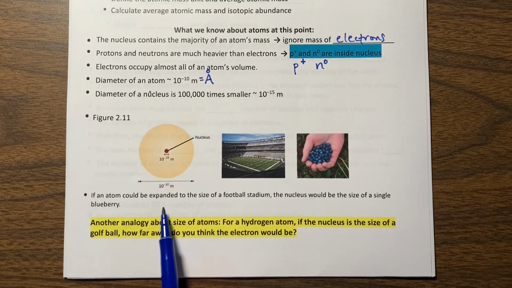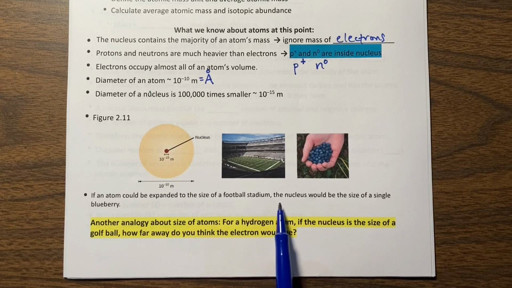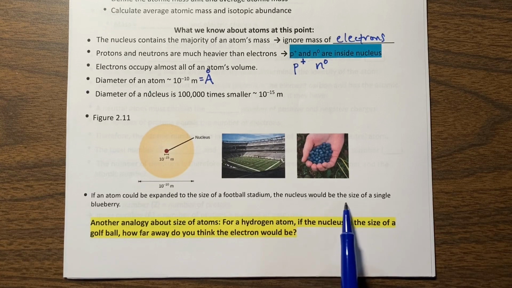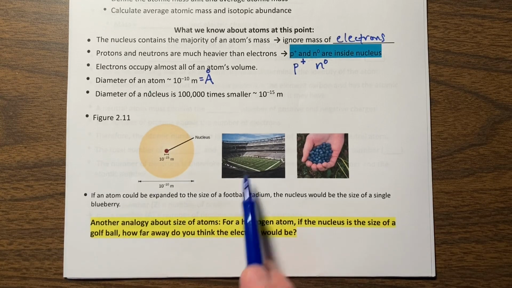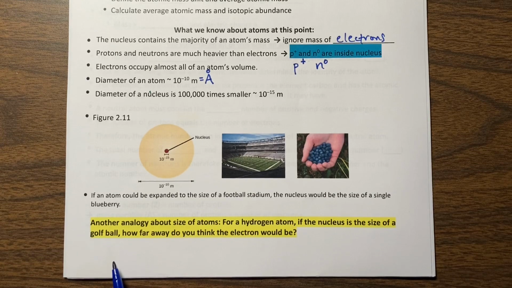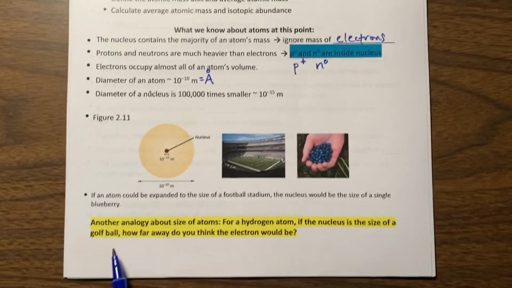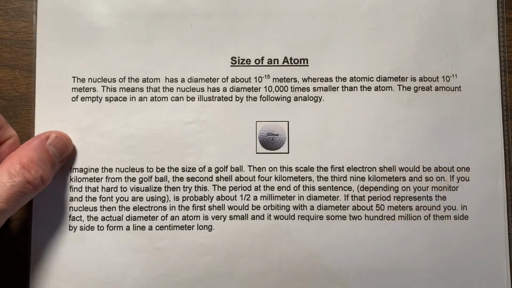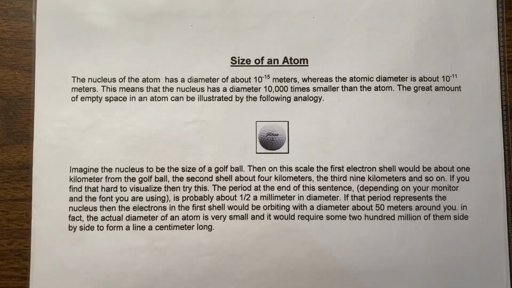If an atom could be expanded to the size of a football stadium, the nucleus would be the size of a single blueberry in the center of the stadium. Another analogy is for a hydrogen atom. If the nucleus is the size of a golf ball, where do you think the electron would be? Well, here's the answer. I use it in all my classes to give an analogy of how much empty space is in even the simplest element, hydrogen.